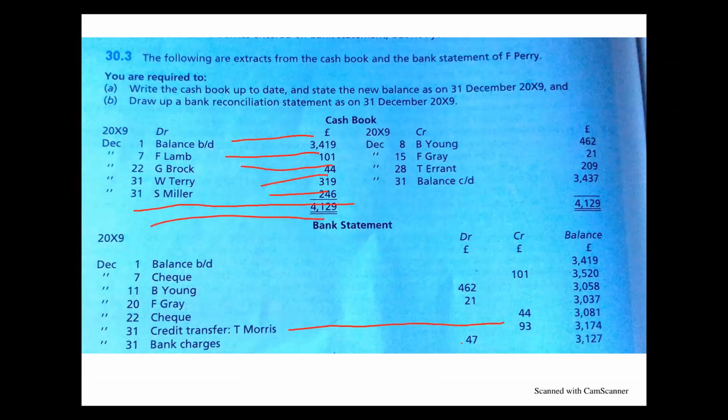You add this on the debit side, this 93 here. And on the credit side, you do this up to here. Don't add the balance carried down. Just include the bank charges here. You write the amount here. And then you sum and close the account again. You still find the same things. Did you get that?